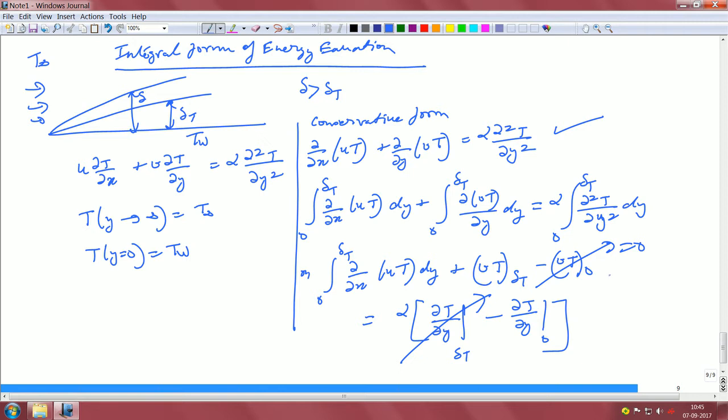So, this is basically no blowing and this is basically the free stream, where the gradient vanishes. These were obvious to you.